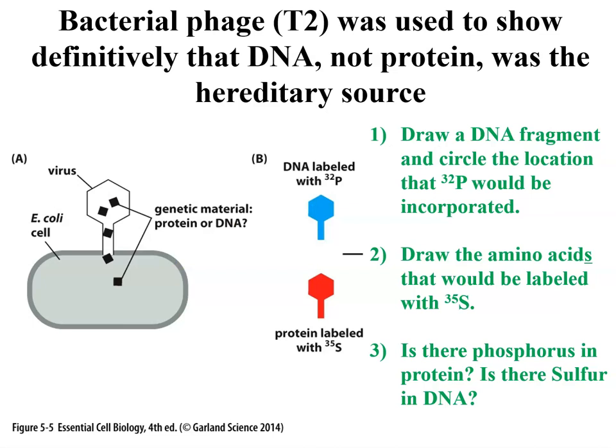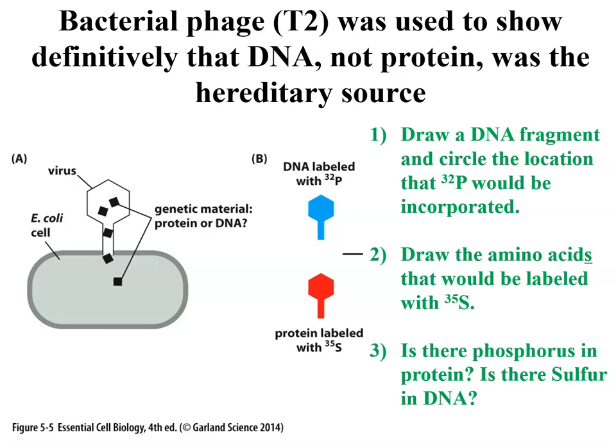So the backstory of this figure is that originally scientists believed that protein was actually the hereditary source used to transfer information from one cell to another. And the rationale was actually not a bad one. They were looking at the amino acids, right?